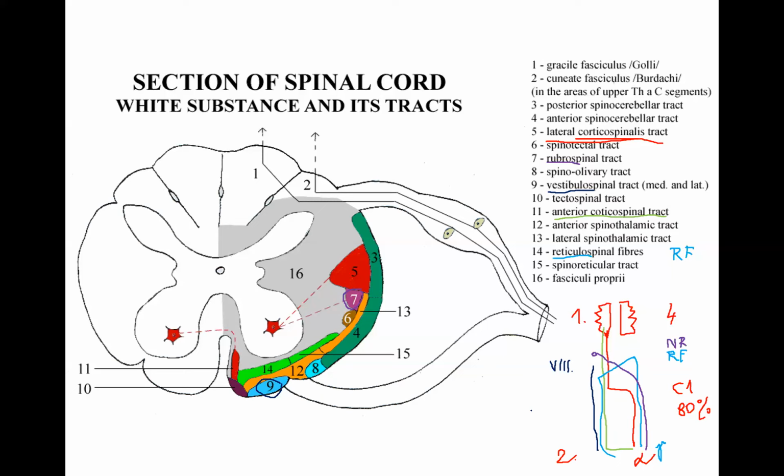That means the epaxial, the deep back muscles, and for example, the gluteal muscles and quadriceps femoris muscles. The muscles which keep you standing, keep your balance, keep your posture. So the vestibulospinal tract mainly innervates these extensor muscles. Okay, so these are the main tracts. We will add some more tracts later, but these are the main tracts. Questions to this?